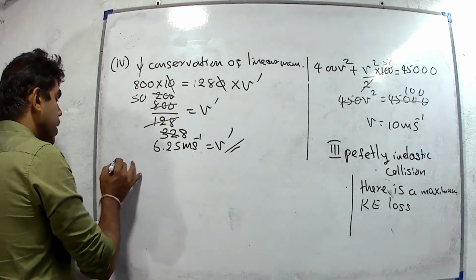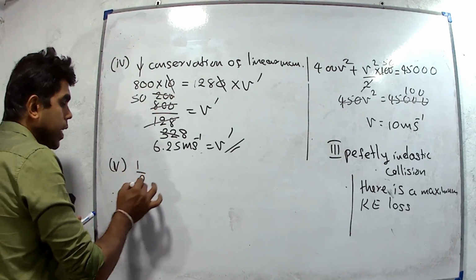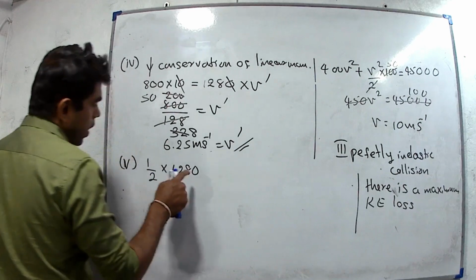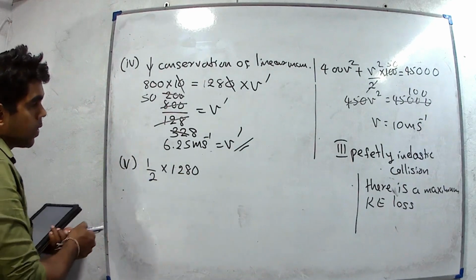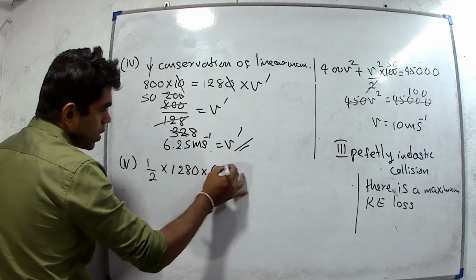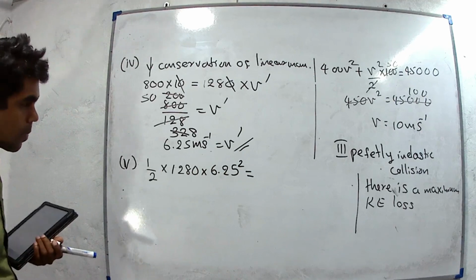Then we can use again conservation of energy. Kinetic energy of the system is half mv squared, half into 1280, v squared. We have to substitute the square of this value, 6.25 squared, which is the velocity after the collision.